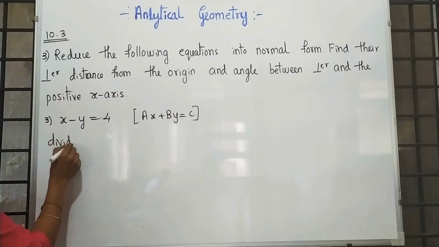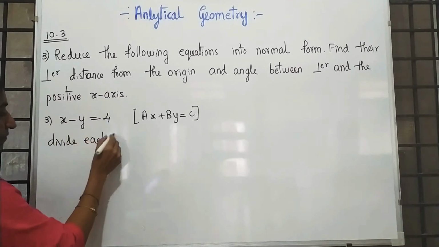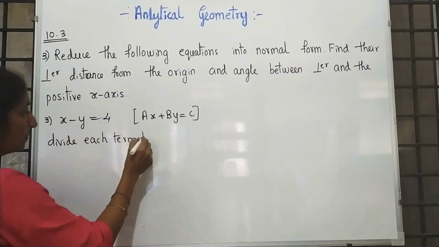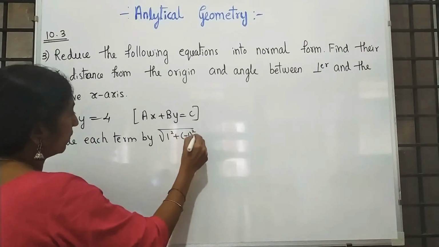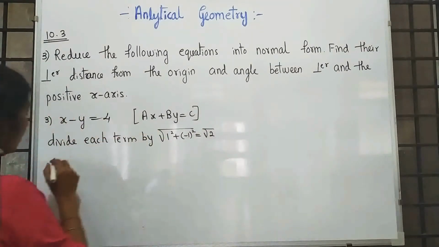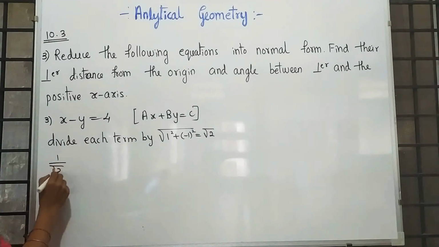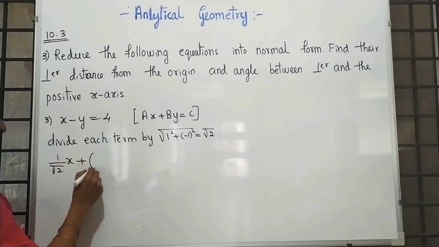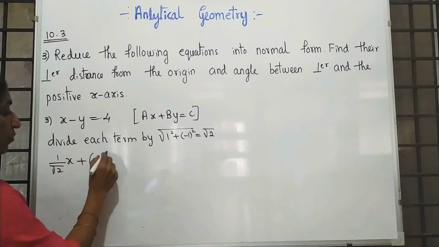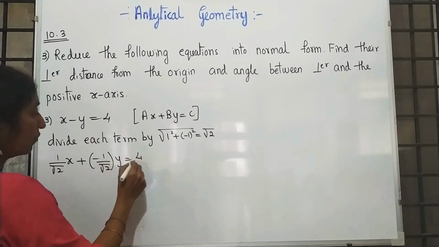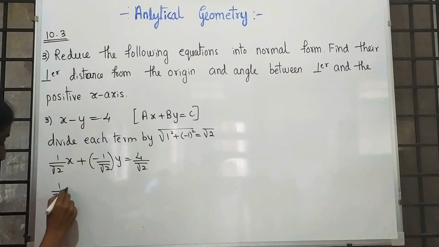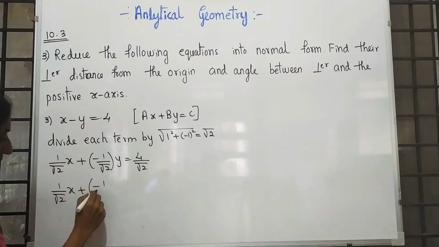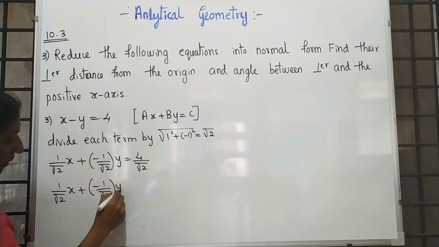Divide each term by root of 1 square plus minus 1 square, that is root 2. It is 1 by root 2 into x plus minus 1 by root 2 into y is equal to 4 upon root 2.